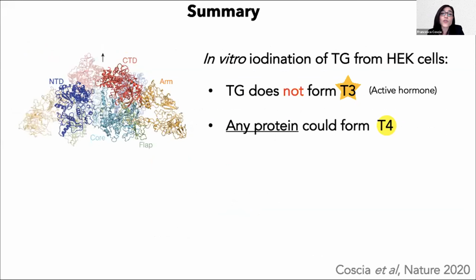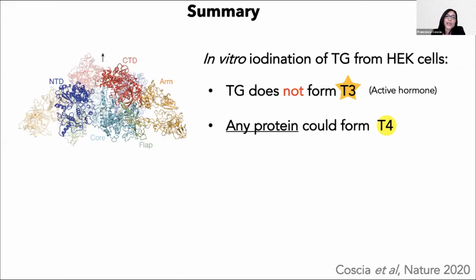And in fact, from in vitro iodination of TG from HEK cells, we couldn't detect any T3, which is the metabolically active hormone. And with our MBP experiment, we proved that basically any protein could form T4.